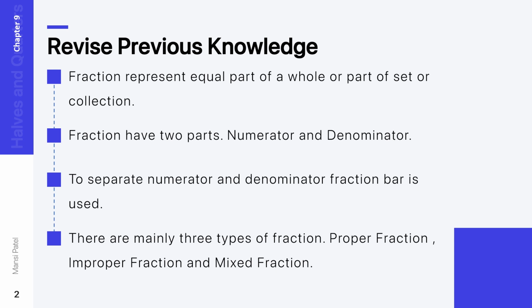There are many different types of fraction, like first, like fraction; second, unlike fraction; third, unit fraction; fourth, equivalent fraction. These are the other types of fraction. But in this chapter, we are going to study and learn only these three types of fraction.